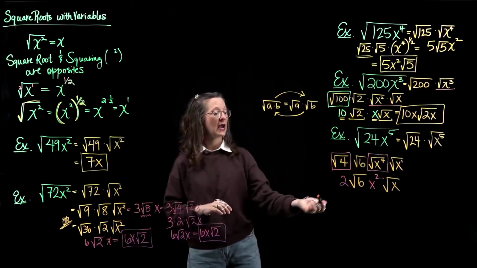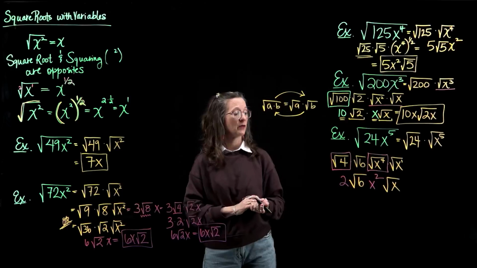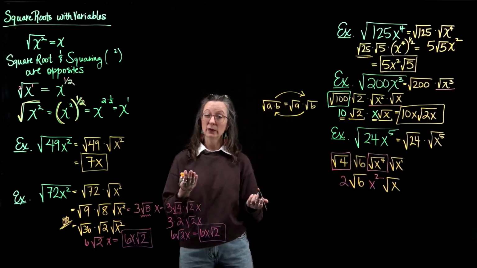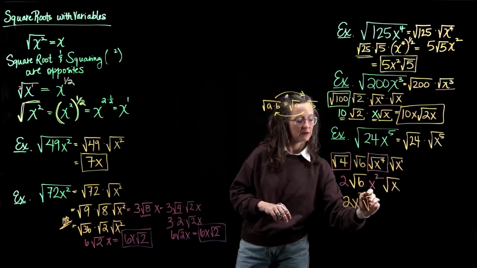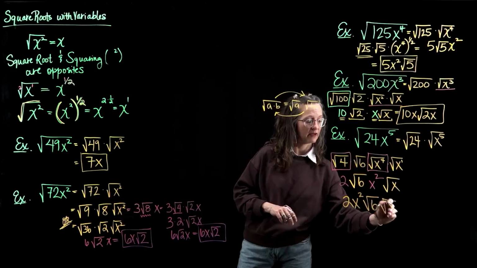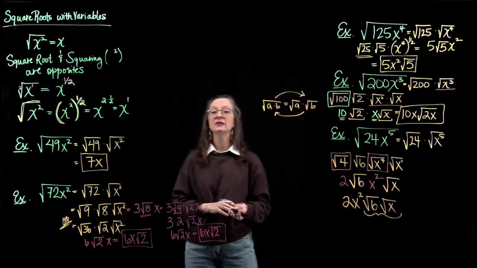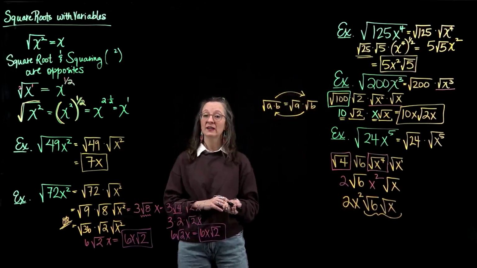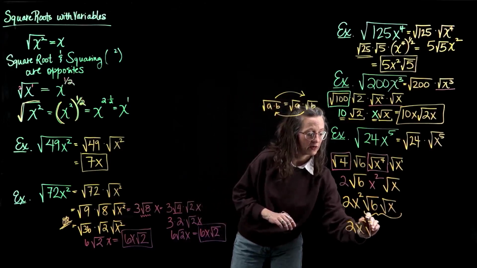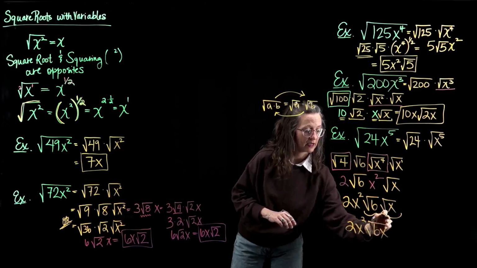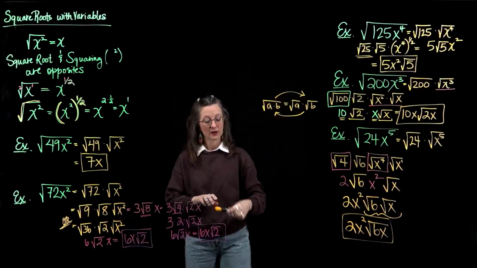So at this point, I have 2 square root of 6, x squared, times the square root of x. We're going to rearrange those. So I would have 2x squared times the square root of 6 times the square root of x. And remember that we can combine the square root of 6 and the square root of x to have 2x squared square root of 6x.